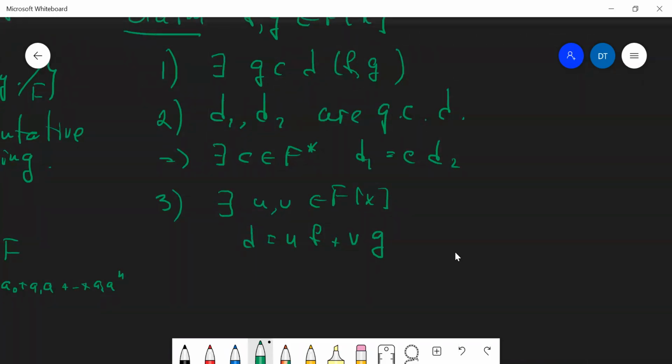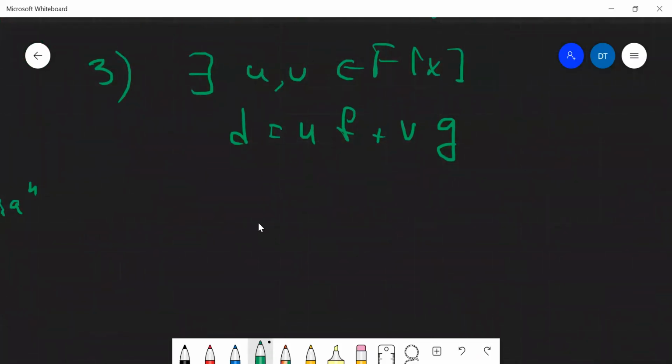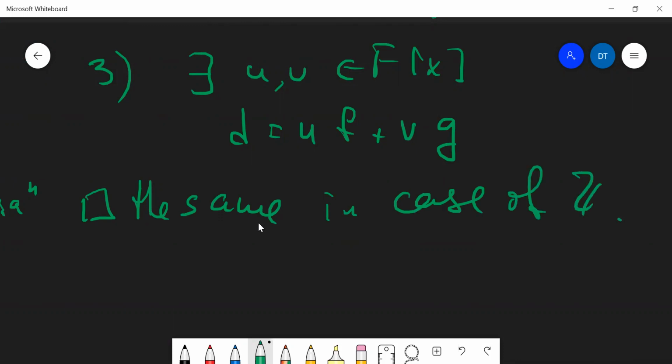I would like to skip the proof, but let me say at least a couple of words about it. The proof is exactly the same as in case of the integer numbers. If you just take the proof for the integer numbers and replace every word integer by the word polynomial, you will get the required proof.